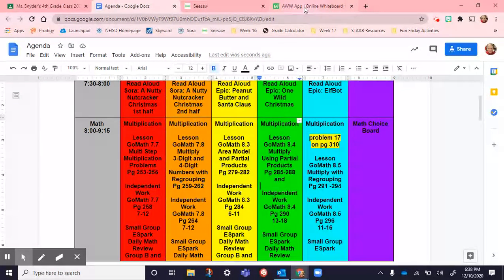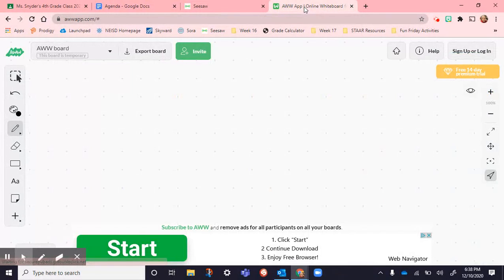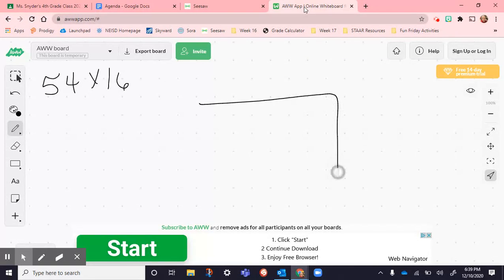finished up. So today with the 2-digit, let's say we have 54 times 16. The first thing that we did is we showed it using the box. So here we're going to take 54, and when you've got a 2-digit by 2-digit, you need your box to be more of a square shape.